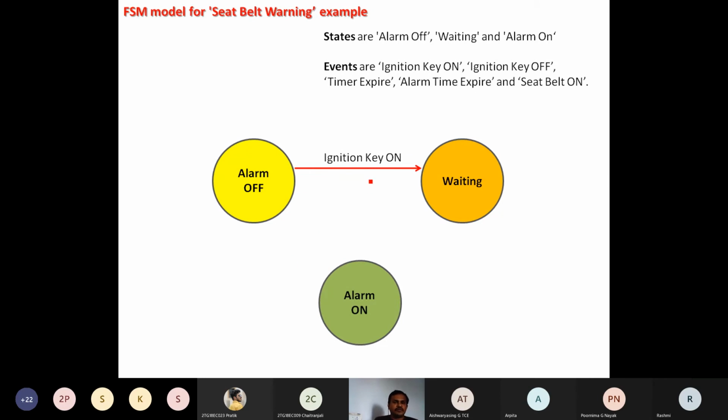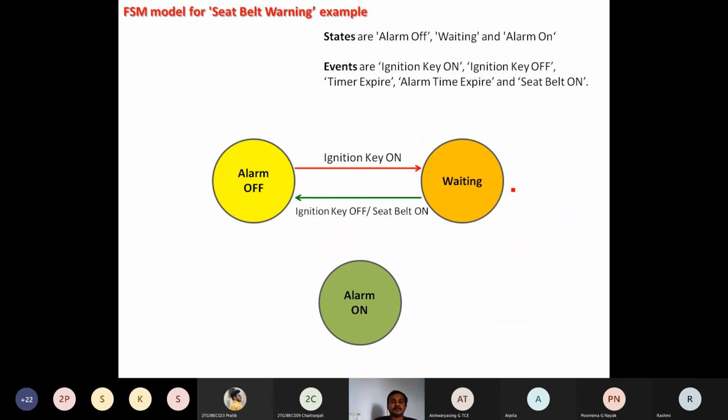Ignition key on moves it from alarm off to waiting. Waiting means it has to wait for 10 seconds to see if the seat belt is locked or unlocked.